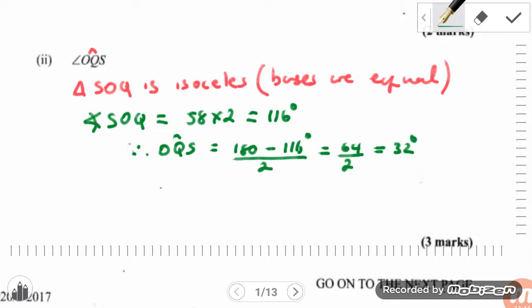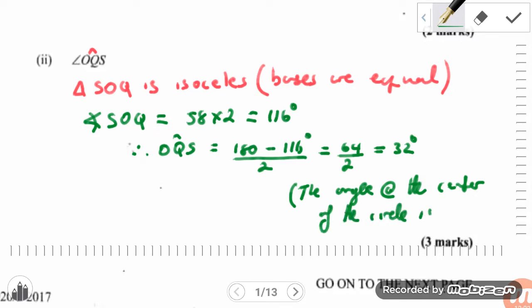We have already given a few reasons here, but the final reasoning is that the angle at the center of the circle is twice the angle at the circumference, subtended by the same chord.